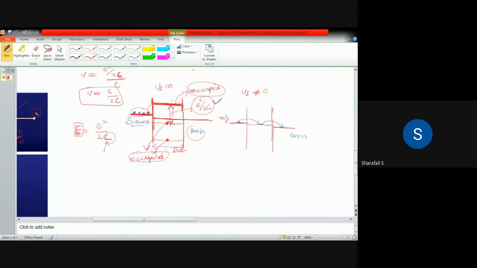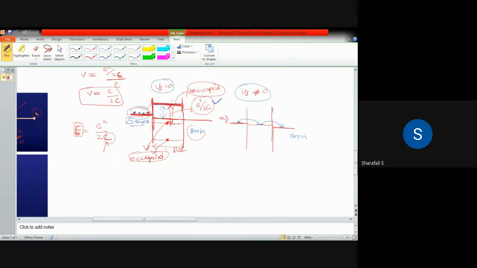So this is the basic principle of the single electron transistor. When your Vg is equal to 0, the electron cannot move from source to quantum dot because the gap between these two energy levels is larger, and we need this energy level to be smaller than the energy level in the source.